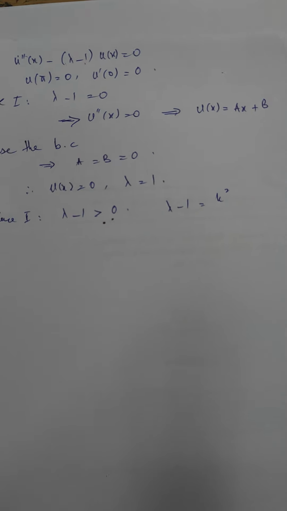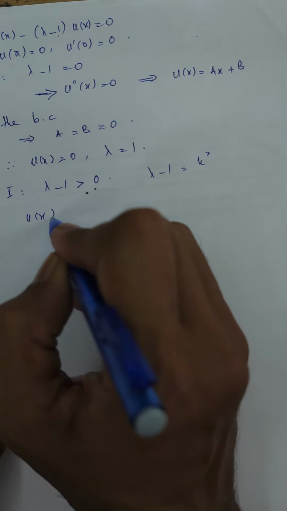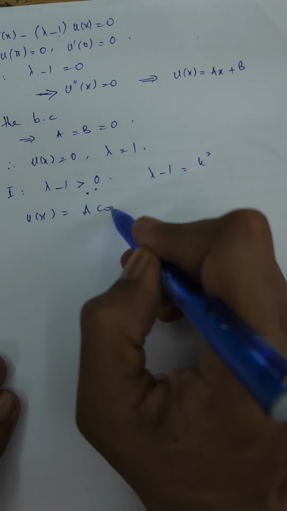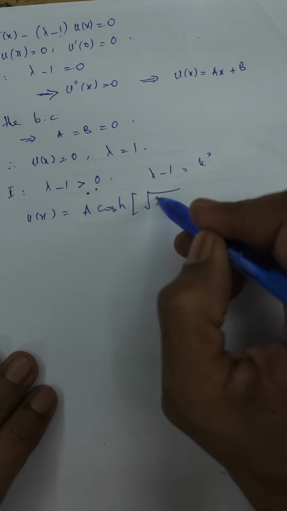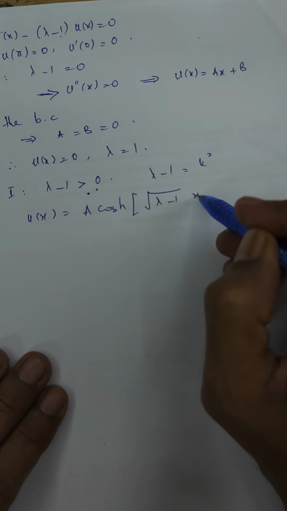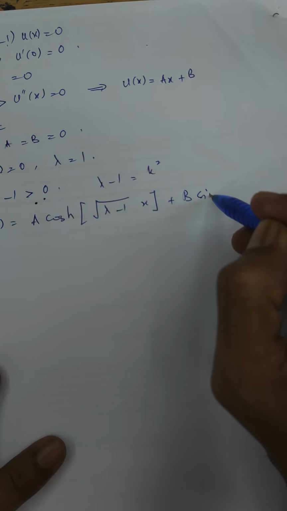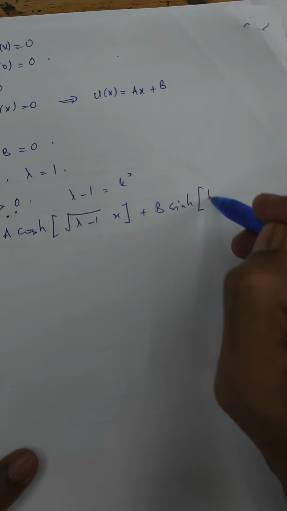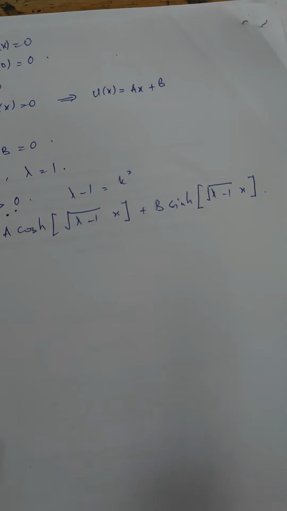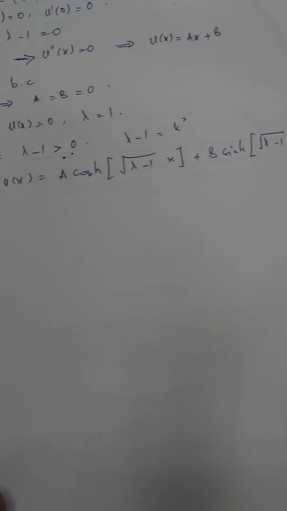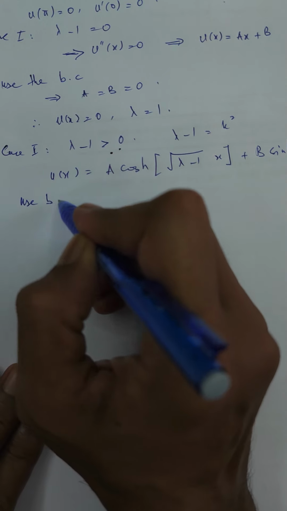Then the solution is u(x) given as a cos(square root of lambda minus 1 x) plus b sine(square root of lambda minus 1 x), and then we use the boundary conditions.